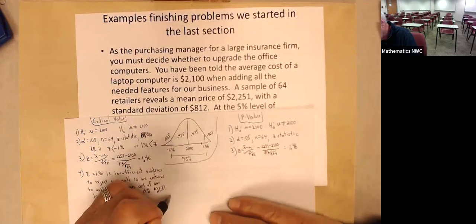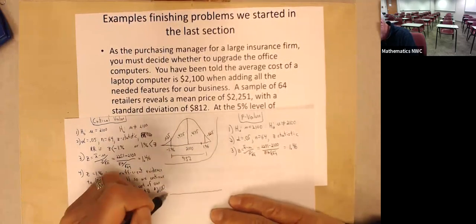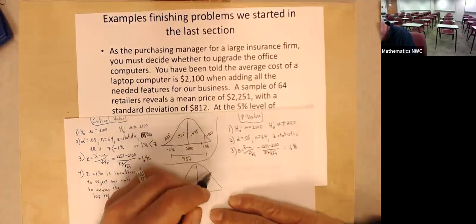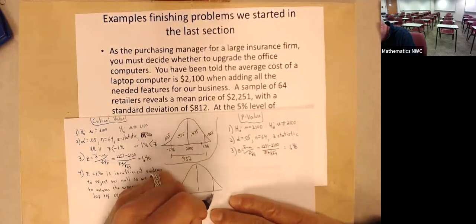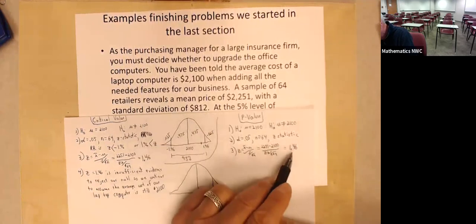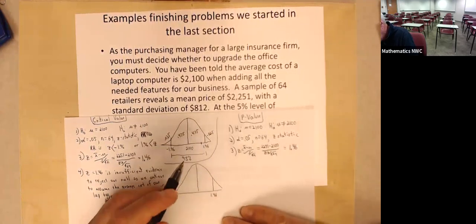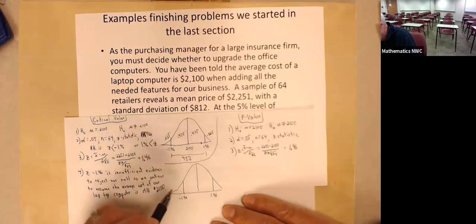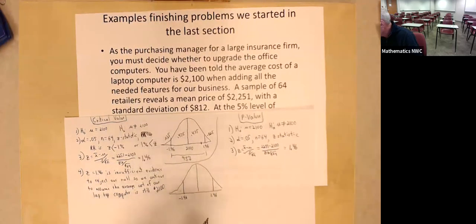In other words, I'm looking at this. I have 1.46, that's my z-score. And technically I have to consider that it could have gone in the other direction that far. What are these two tails for 1.46?